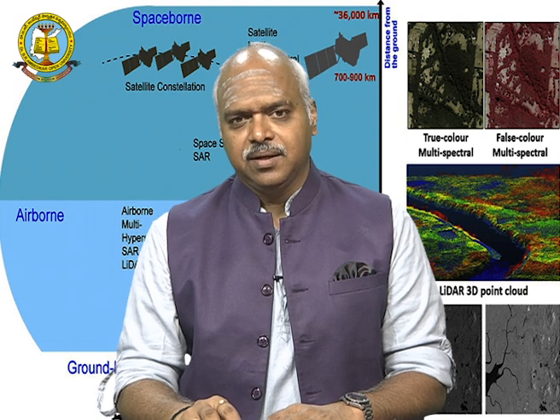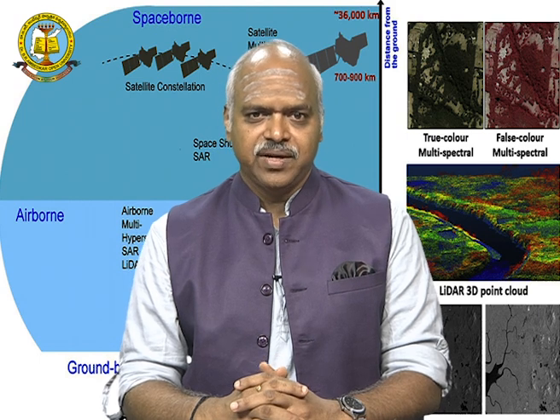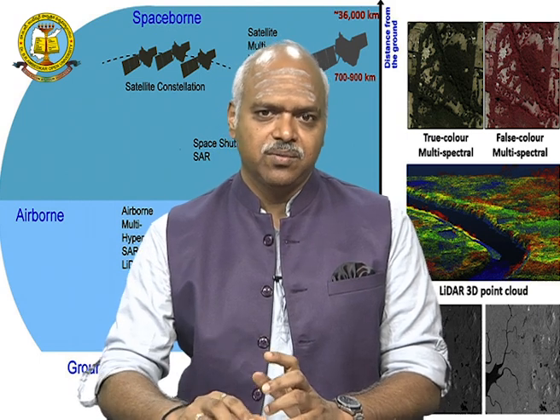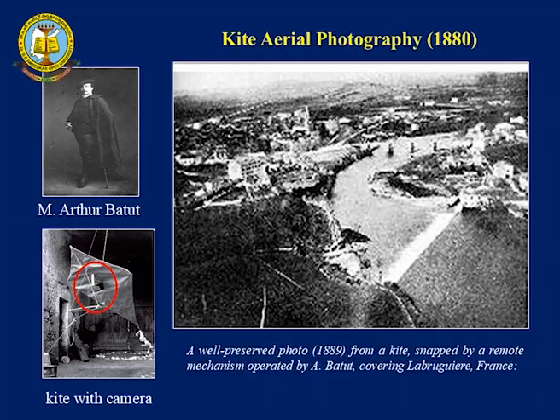Then, out of curiosity about taking pictures, aerial photography continued, where kites were used as platforms to capture images, which we call kite aerial photography. Kite aerial photography was first thought of by Arthur Butwood, who attached a camera to the kite, and when the kite ascended, a burning fuse mechanism opened the shutter of the camera and took the picture.